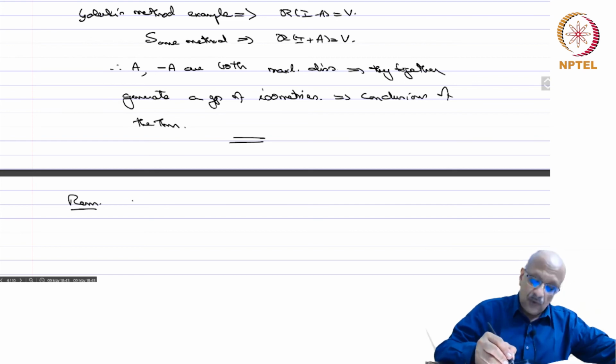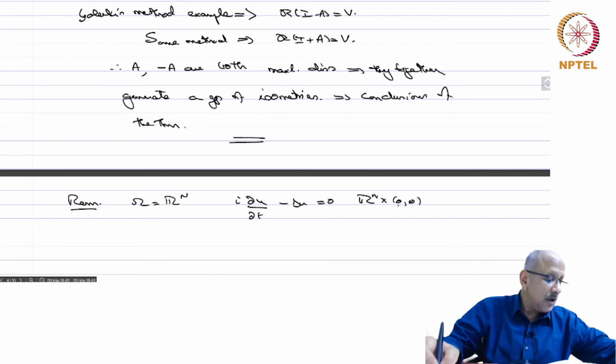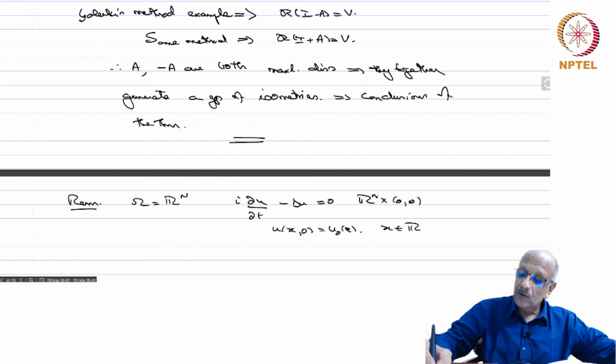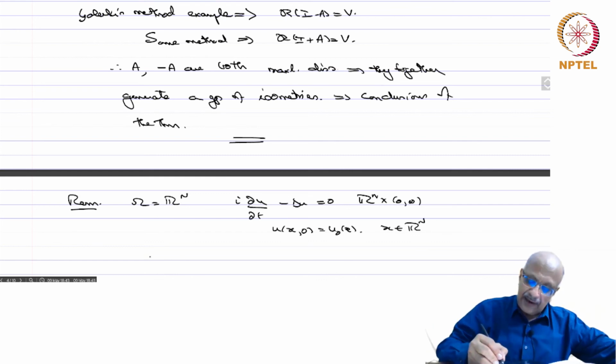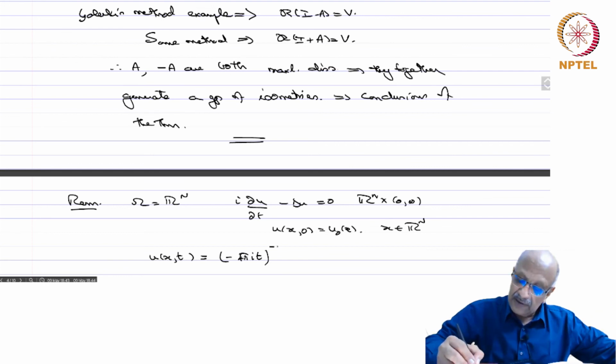And if Ω equals Rⁿ, then you have i du/dt minus Laplacian u equals 0 in Rⁿ × (0, ∞), and u(x, 0) equals u0(x), x in Rⁿ. There are no boundary terms now. Using the Fourier transform, you can show that u(x,t) is equal to, exactly as in the calculation which we did in the Fourier transform, (−4πit)^(−n/2) times the integral over Rⁿ of e^(−i|x−y|²/4t) u0(y) dy.